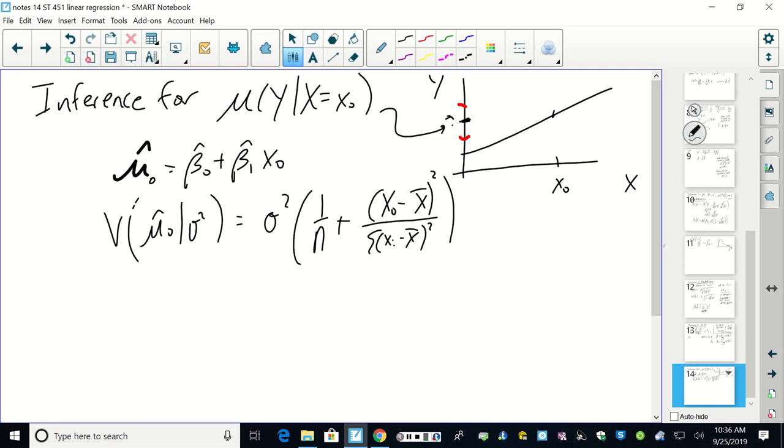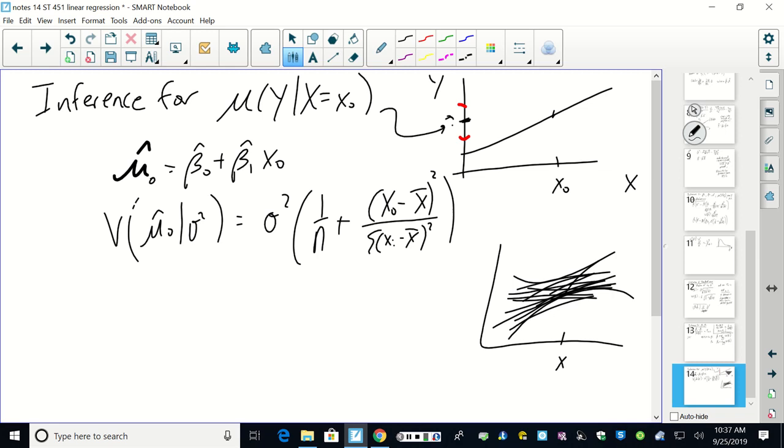So if you're predicting on the outsides of your data, small changes in the data will cause the line to switch. You can imagine different data sets giving different lines. Generally, the sampling distribution has a little more variability on the edges, far away from x bar, and that's reflected in that formula.